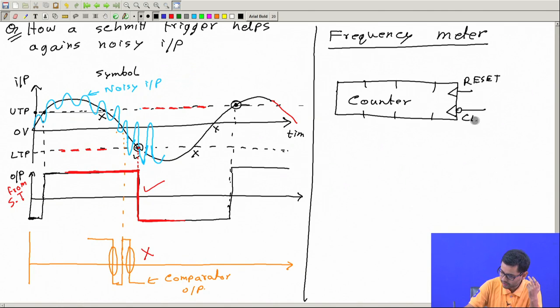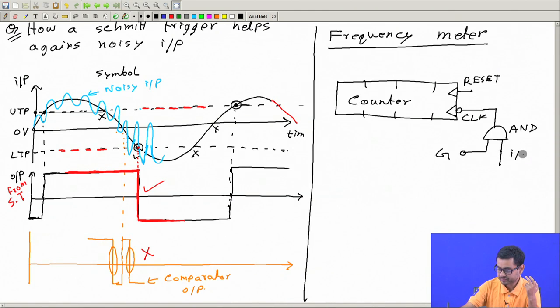This is the clock, and what did we do? We had an AND gate before this, which is used to stop the counting after some pre-specified time. This is the gate signal, which determines how long to count, and here we had the input.